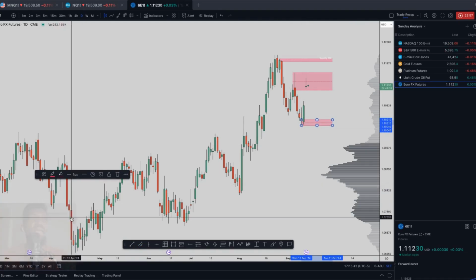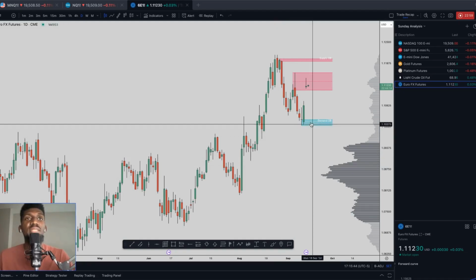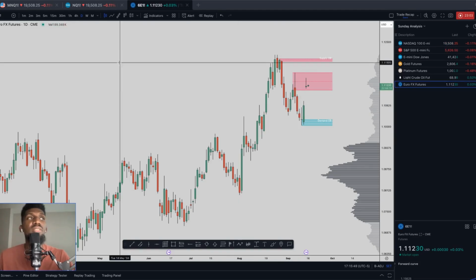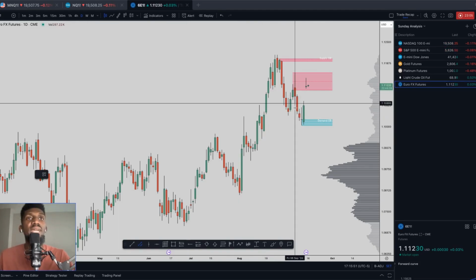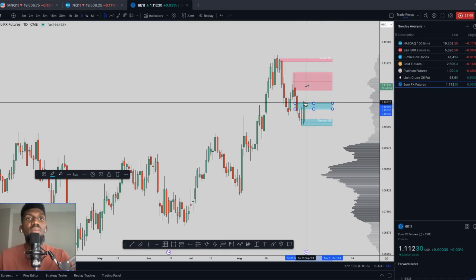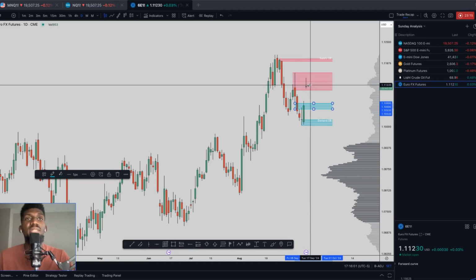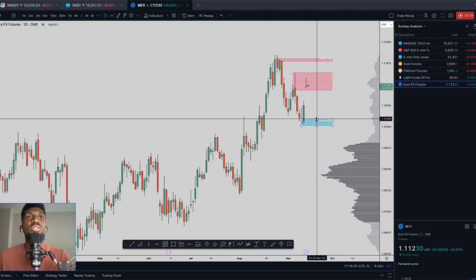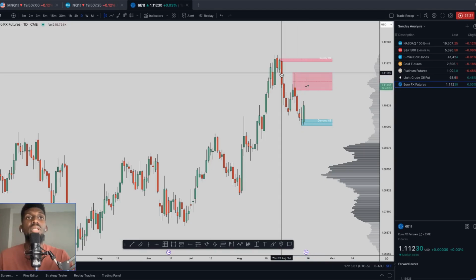And if we draw a demand block, what we have is now we don't have any fair value gaps, because when price moved down, it displaced here, and then a candle came and filled it, both above 50%. And then it opened much higher on Friday, and then here we are on Sunday. So we don't have any fair value gaps here that price wants to draw back to.